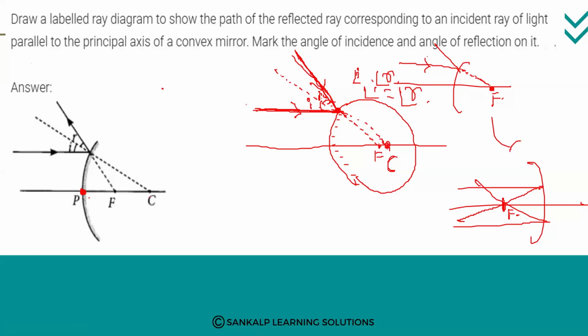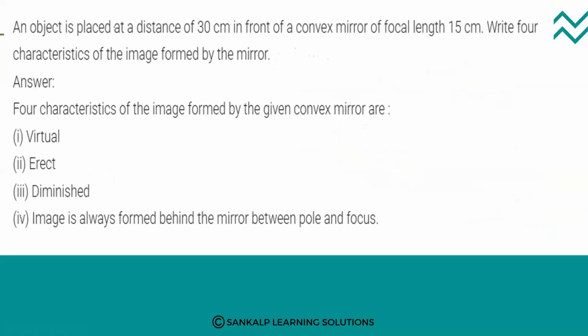Ray diagrams are very, very important in this chapter. Okay. An object is placed at a distance of 30 centimeter in front of a convex mirror of focal length 15 centimeter. Write 4 characteristics of the image formed by the mirror. Okay. So here we have a convex mirror.